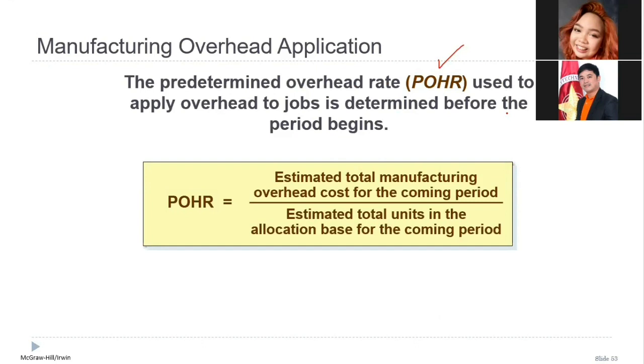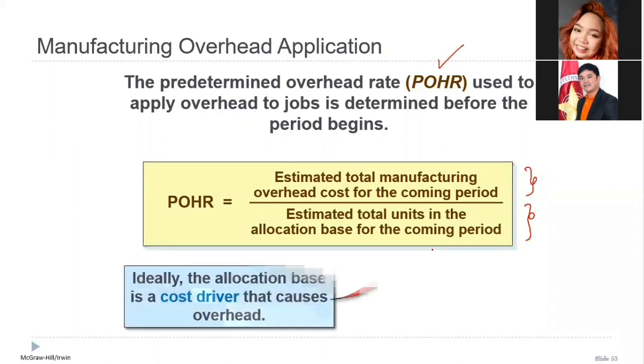How do we calculate the predetermined overhead rate? So the rate is calculated by dividing the estimated manufacturing overhead for the coming period, and we also estimate the total number of units in the allocation base for the coming period. So that's the time that we can compute for the predetermined overhead rate. Ideally, the allocation base is a cost driver that causes the overhead.